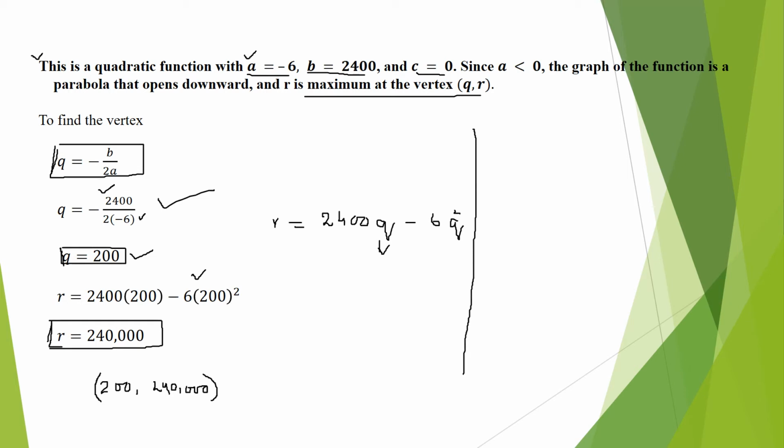x-intercepts. For x-intercept, we have already done this in foundation. If you want to find the x-intercept, then y will become 0. So now we need to put r is equal to 0, because here in place of y we have r and in place of x we have q. For x-intercept, the value of r must be 0.